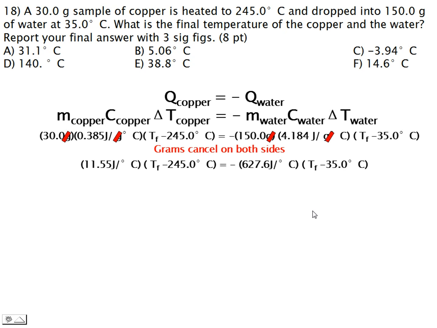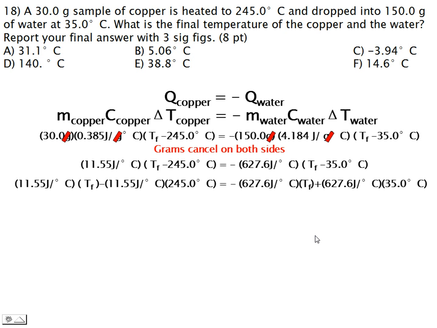Step 2. Use the distributive property and multiply through, on the left-hand side, 11.55 joules per degree Celsius, and on the right-hand side, negative 627.6 joules per degree Celsius. After distributing, we are left with the following equation.